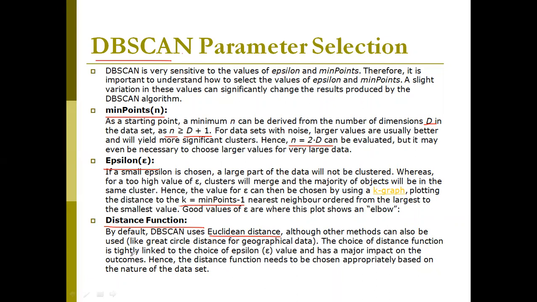It is very tightly linked to the choice of epsilon value, and it has a major impact on the outcomes. So this is chosen appropriately based on the nature of the given data set. These are the 3 important parameters in the DBSCAN clustering algorithm, right?